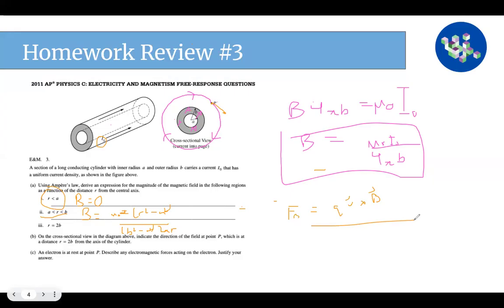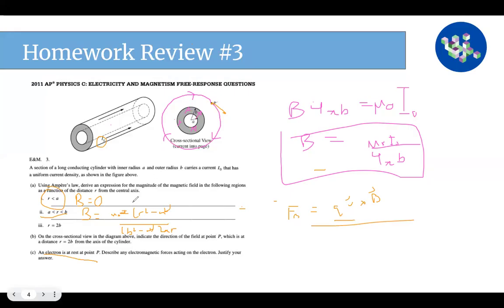Also, your velocity and your magnetic field cannot be parallel to each other. Otherwise, there will be no magnetic force. In our case, our velocity is 0 because the electron is at rest at point P, meaning that it experiences no magnetic force when it's stationary at point P, even though it's in a magnetic field, because it's not in motion.